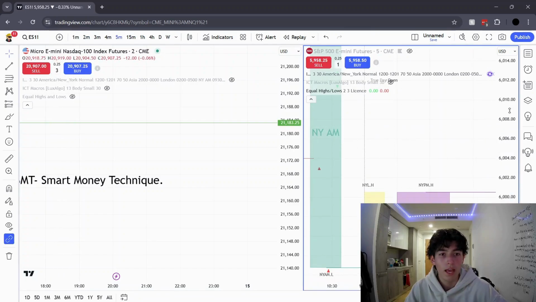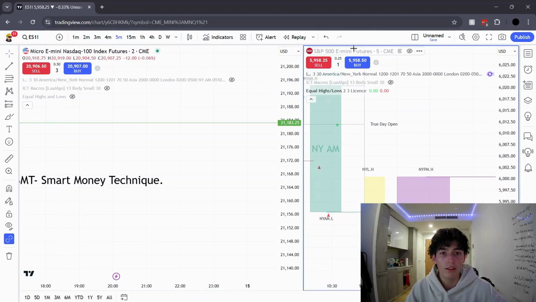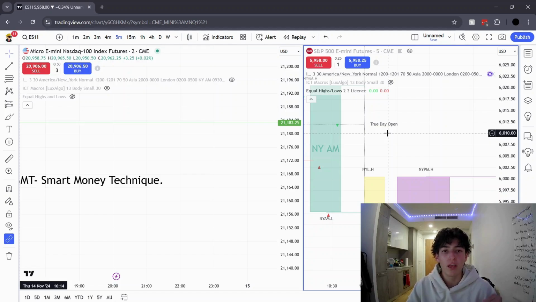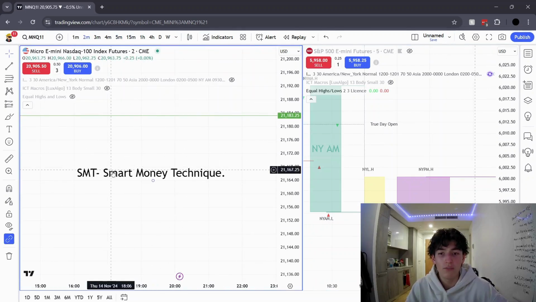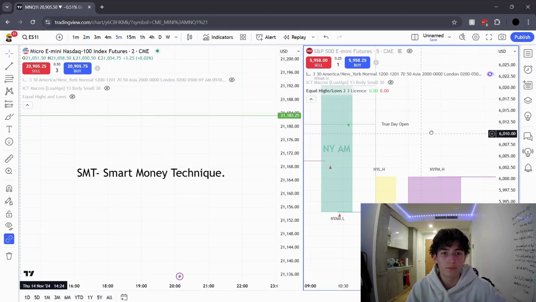Now, I do not trade ES because price action is different in ES and contract sizes are different, so you also have to worry about that. I only use ES as a confluence for SMT.